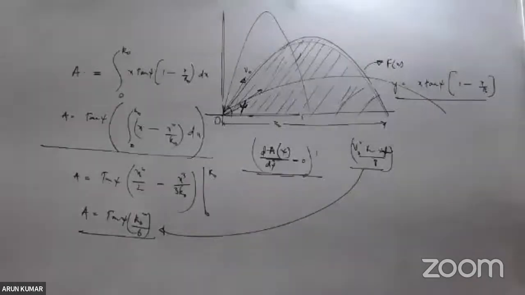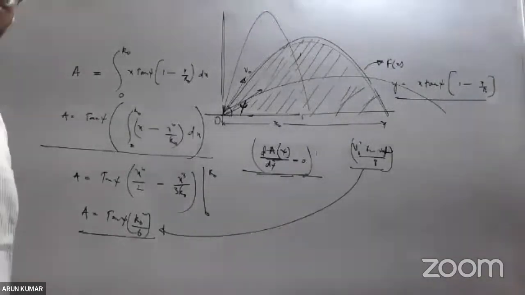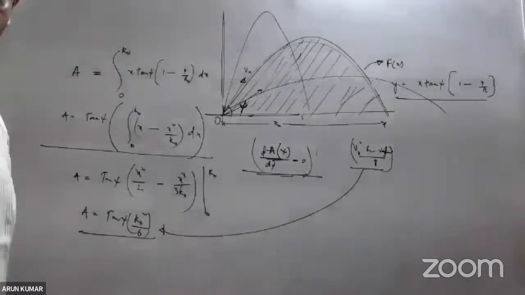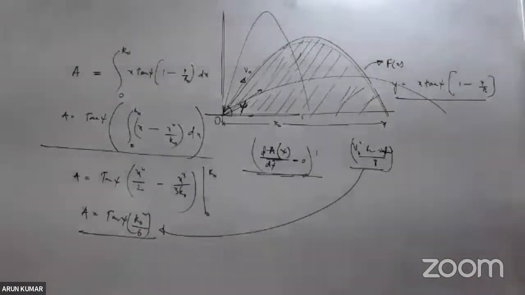What happens to tan psi then? I've flipped tan into sine by cos, so that becomes sine cube, no? Think again. See, v naught square, so that becomes v naught power 4 into sine square 2 psi by g square.